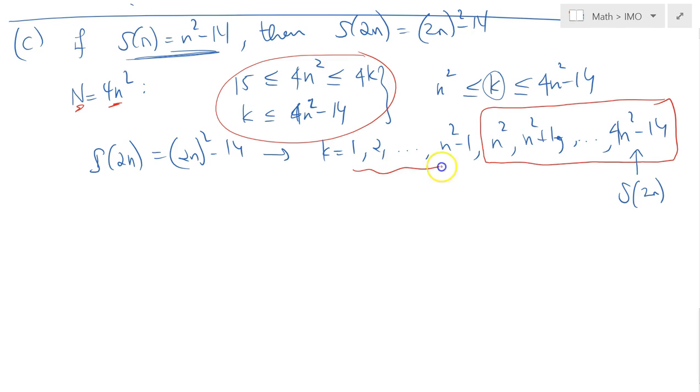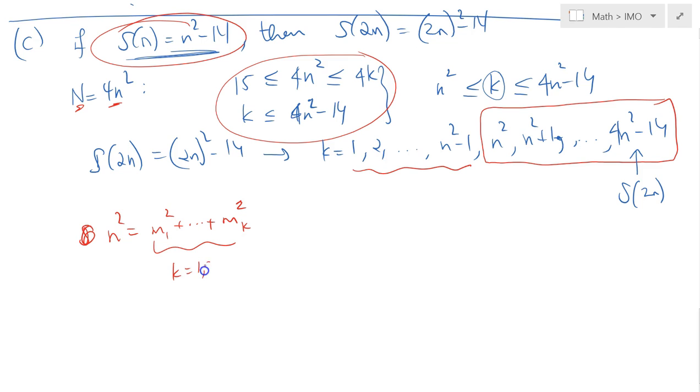So I need to just check the validity of this one. But then I just realized that, remember, because S of n works, I already know that n squared can be written as a sum of squares, m1 squared through m sub k squared, for k between 1, 2, all the way to n squared minus 14.